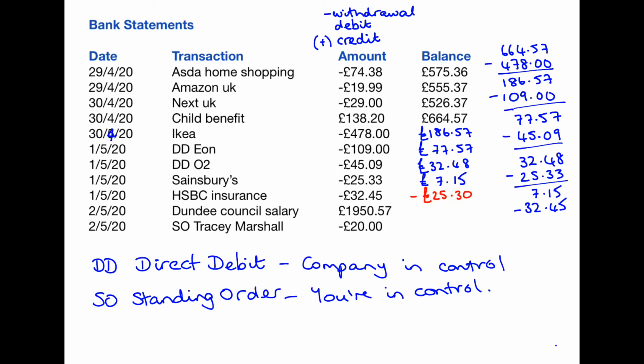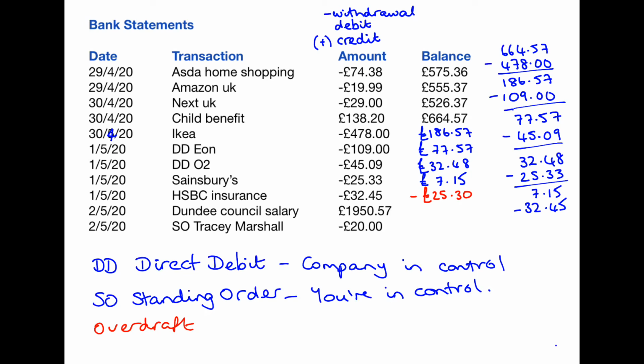Okay, so an overdraft means you can withdraw more money than you've got in your account. You can spend money that doesn't belong to you, basically. Okay? So when you see a minus number in a balance column, or if it's in red, then what that means is that's money that you owe the bank.